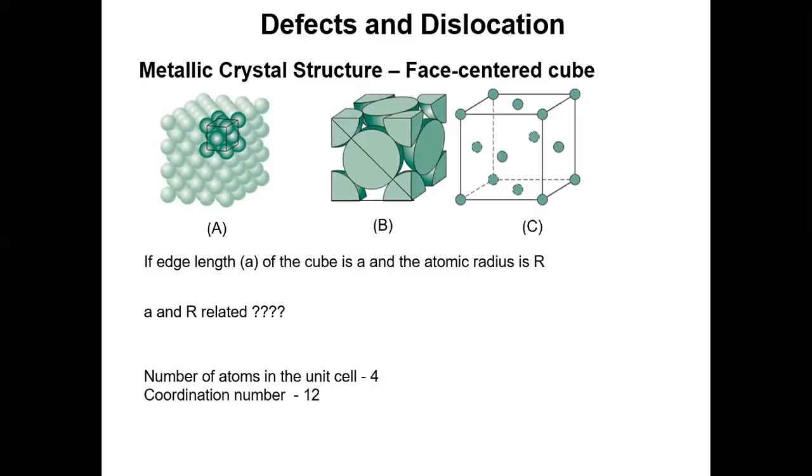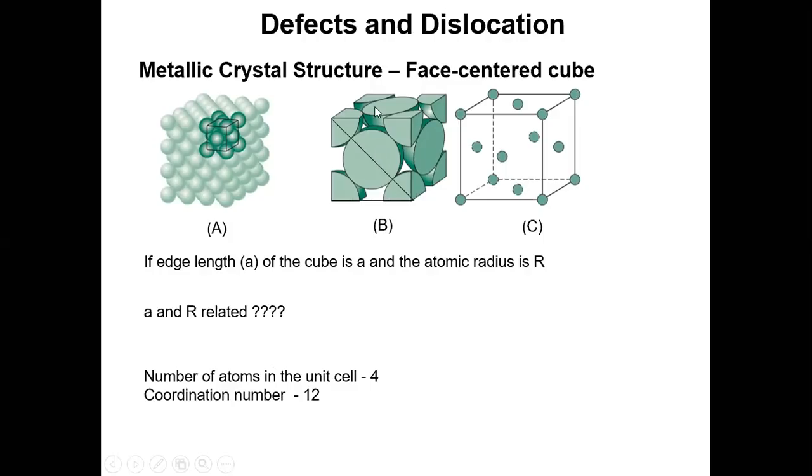Plus you have atoms in the face, but each is shared with only 2 unit cells. So you have 6 faces, but those 6 atoms are each shared with 2 unit cells, right?